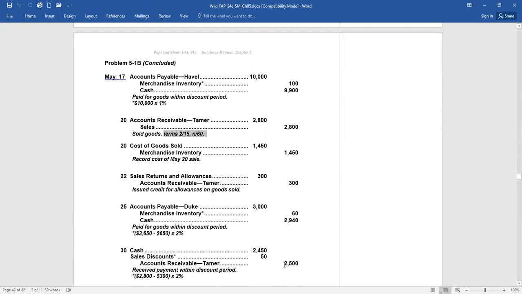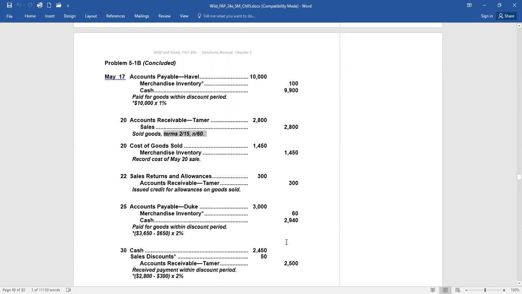They're satisfying all $2,500 of their bill. However, we are accepting less cash and giving a discount of $50. So we debit our sales discount contra revenue account, and the difference is how much cash Tamar sent us, $2,450, debit cash.